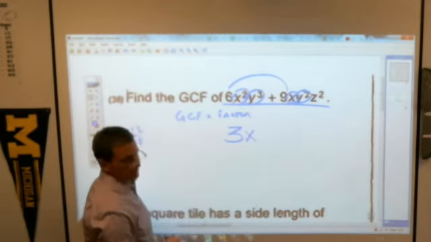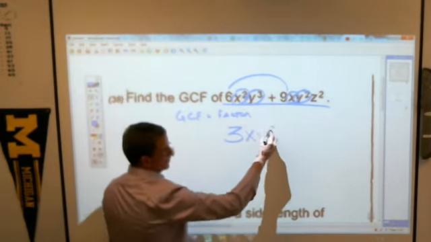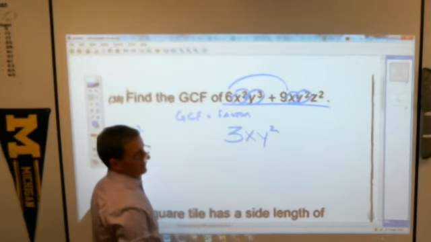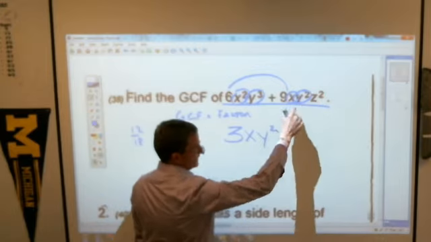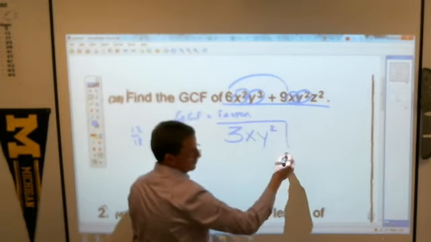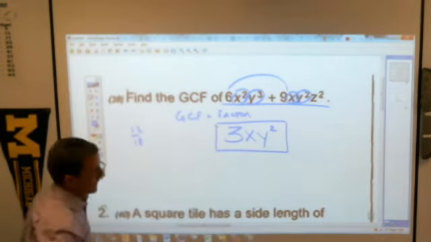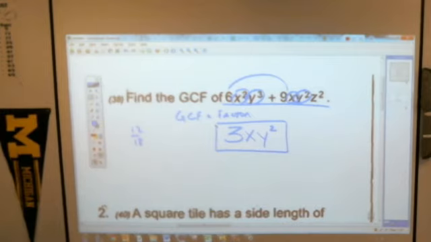So the biggest you can take out of them is a y squared, because you can't take a y cubed out of that. And since they both don't have a z, you can't take a z out of them. So this is your greatest common factor. Not to be mixed up with least common multiple. Well, I thought that was helpful.